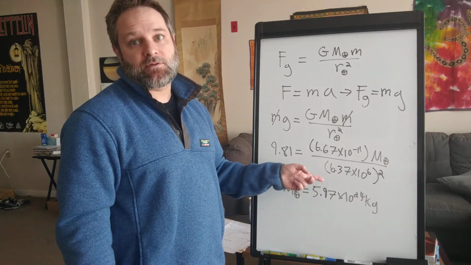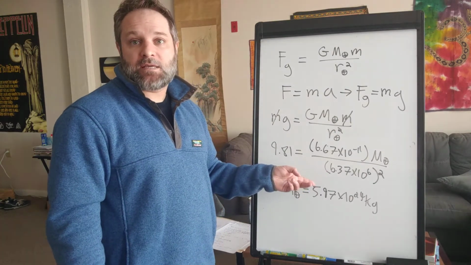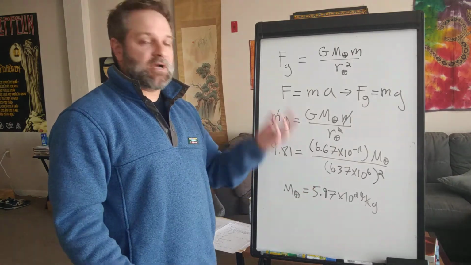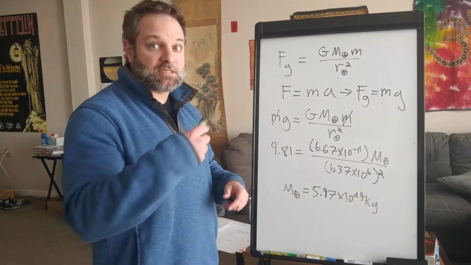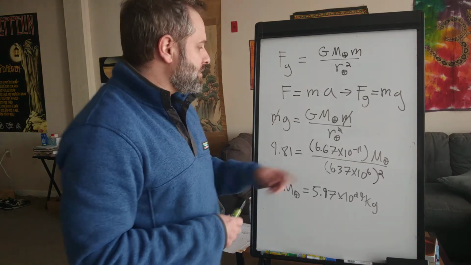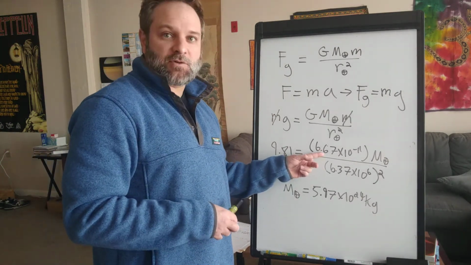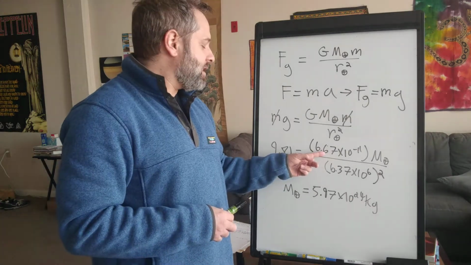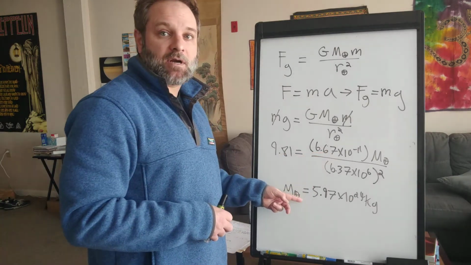The radius of the Earth was known even by the ancient Greeks, who were able to find geometrically the radius of the Earth and the distance from the Earth to the Moon by geometrical arguments. Right? Universal gravitational constant. Okay? And then we can solve that equation for the mass of the Earth.